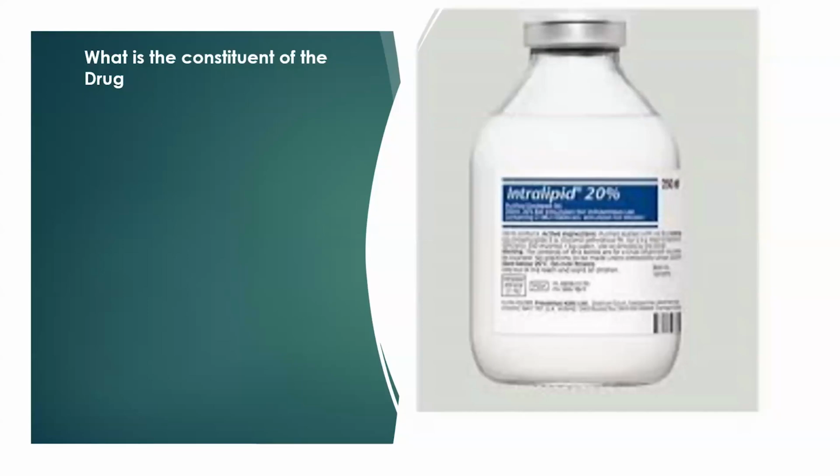So you said the triglycerides. What are they, short chain, medium chain, or long chain? This intralipid consists of long chain triglycerides containing linoleic acid, oleic acid, palmitic acid, and one more, sir.